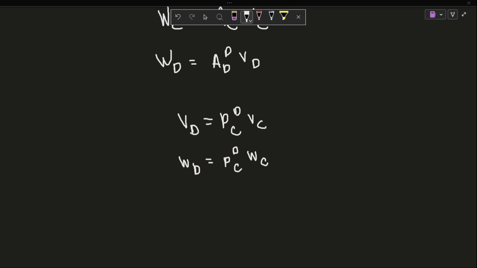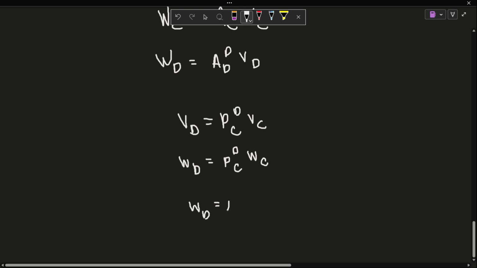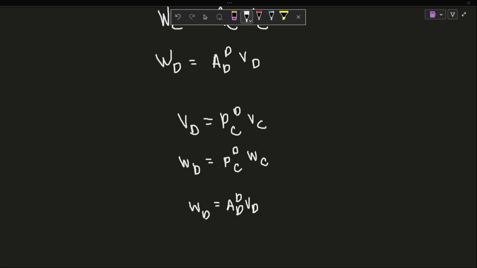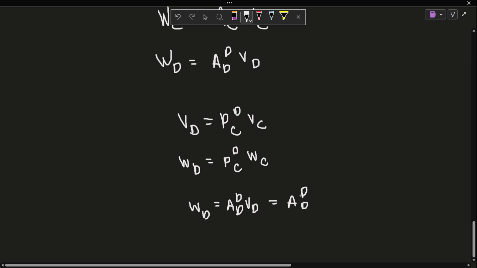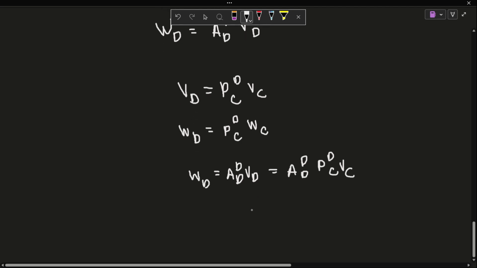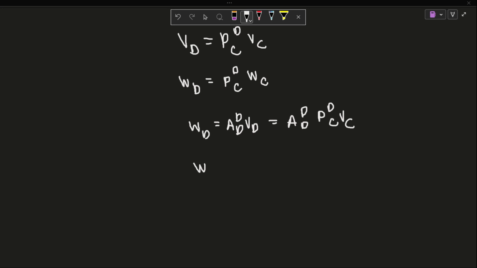And now let's apply this to our previous equations. So WD equals A, D, D, VD equals A, D, D, P, DC, VC. And that looks confusing. And it is confusing.